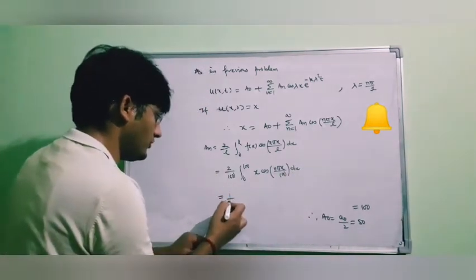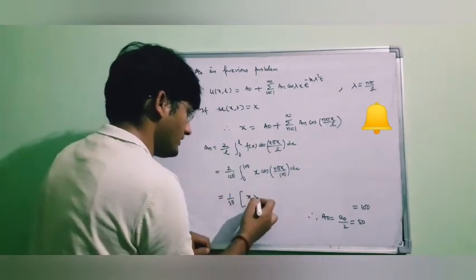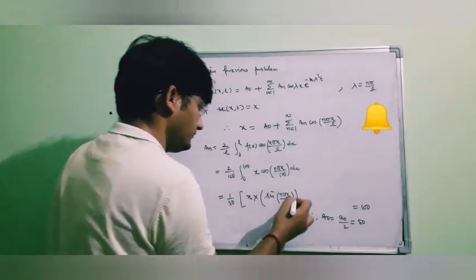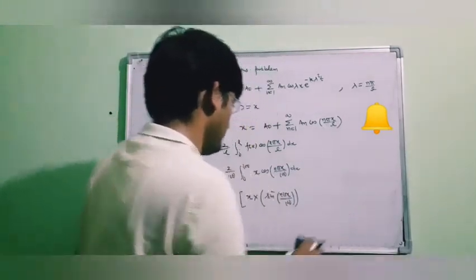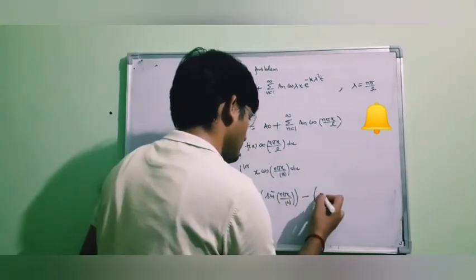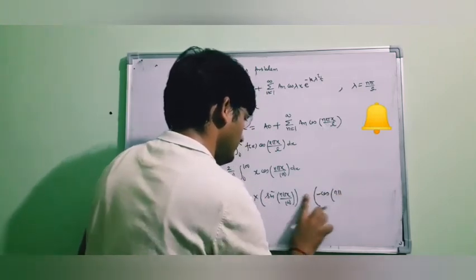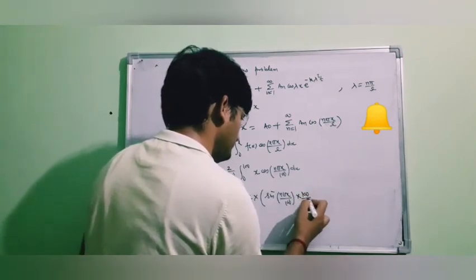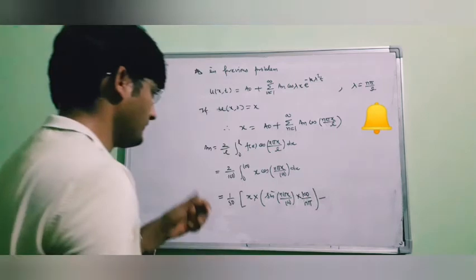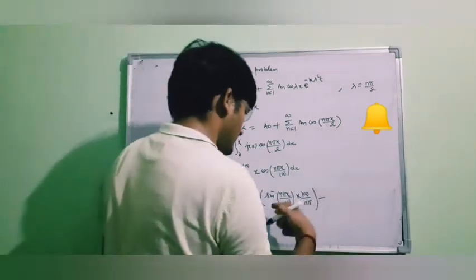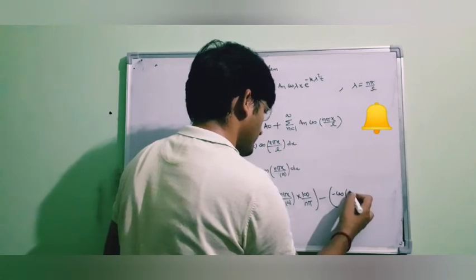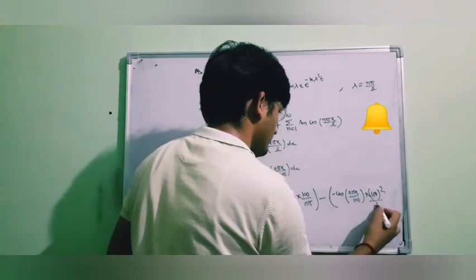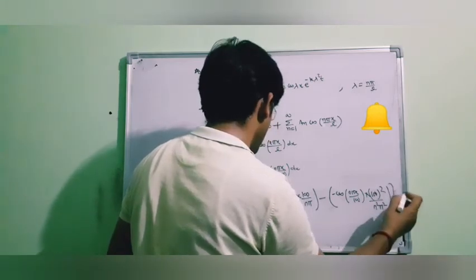So 1 upon 50, then let us integrate: x into the integration of cos, which will be sine, minus the differentiation of x, which is 1, into the integration of sine, which is minus cos, with the limits from 0 to 100.